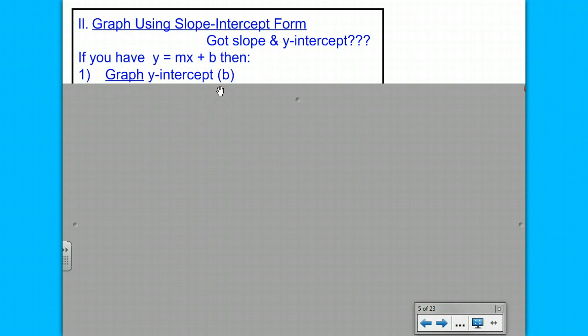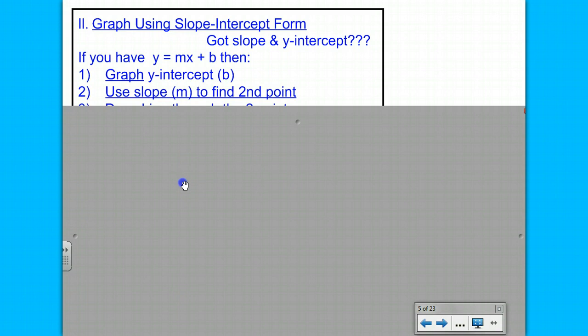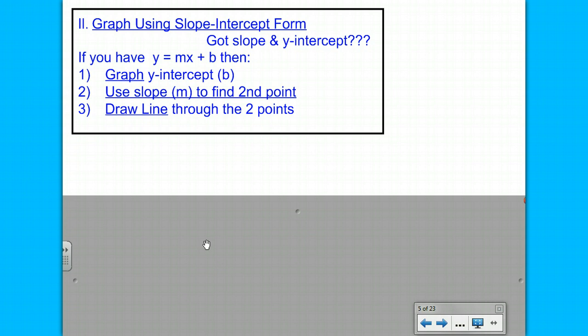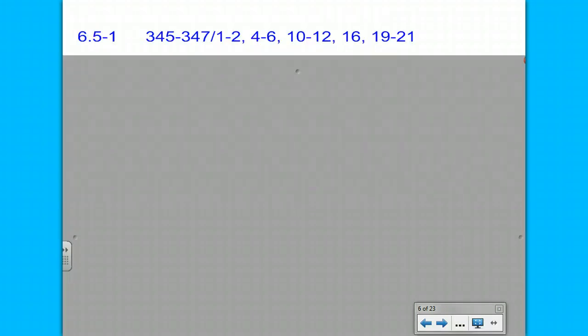And then, Kenzie, what did we do after graphing the starting point? We started at that point and we used what to find a second point? So we used our slope to find the second point. And after having 2 points, we drew a line through the 2 points and beyond with arrows on both ends. So now you're going to use this, just as we did, to graph or to identify slope and y-intercept.